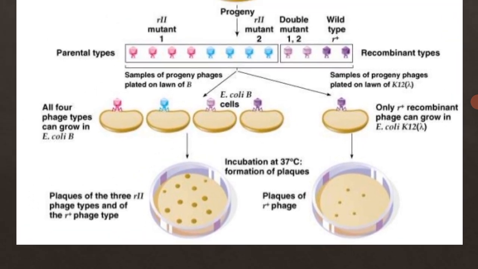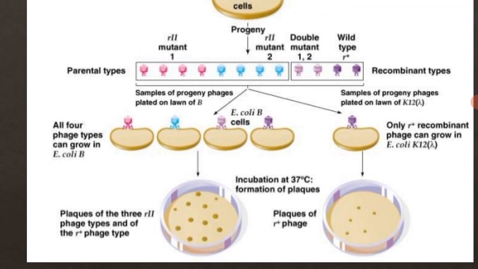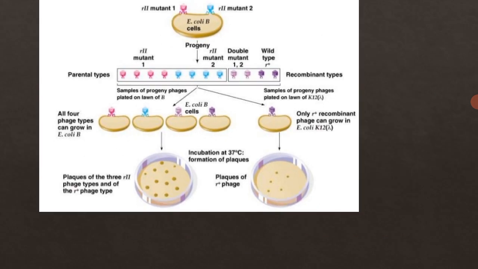Now again we incubated that plate at 37 degrees Celsius to study the plaque morphology. Okay. Now the plaques of the R2 phage types and of the R plus phage type. So the mutant R2 phage morphology is, we know, large, right?